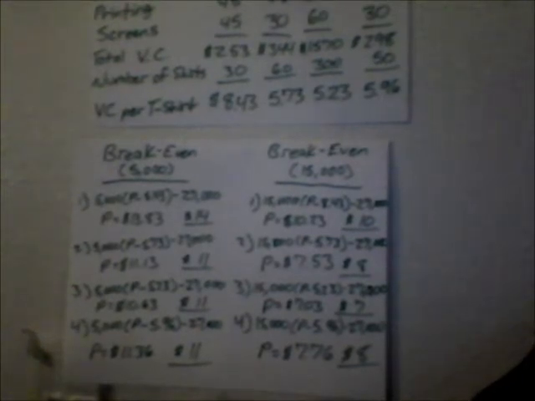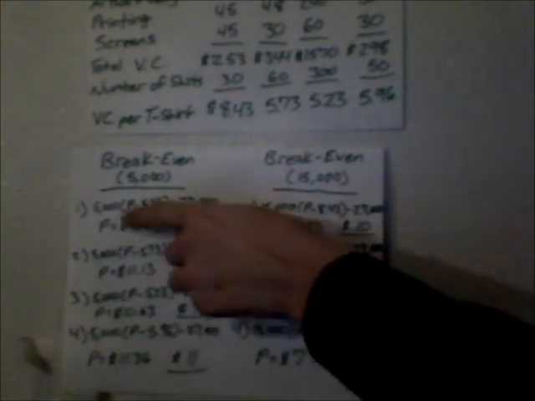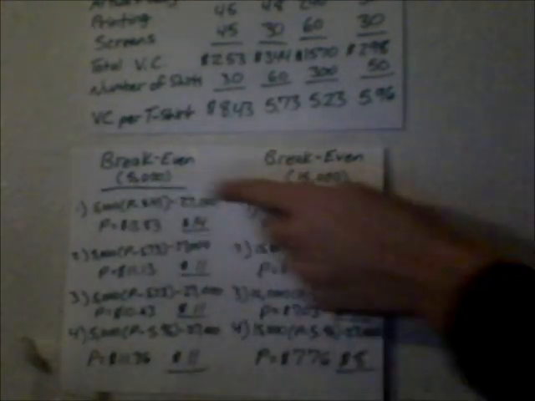I chose the break-even analysis since University Tees is a startup company and should charge the smallest price possible in order to get the maximum number of orders. Now, I broke down each of the 4 scenarios based on 5,000 units sold as well as 15,000 units sold.